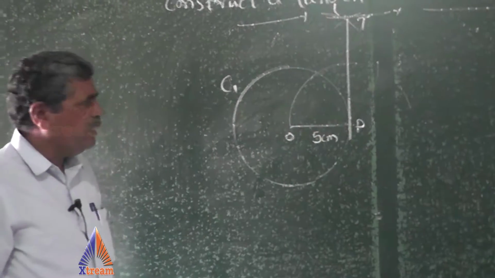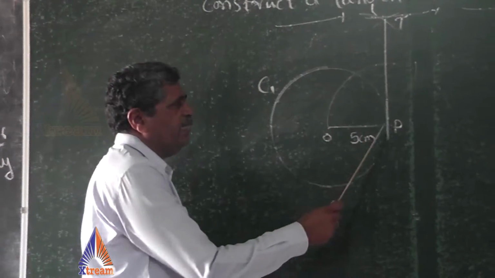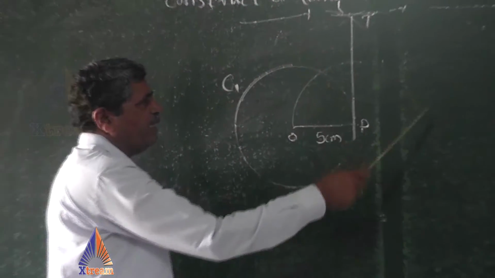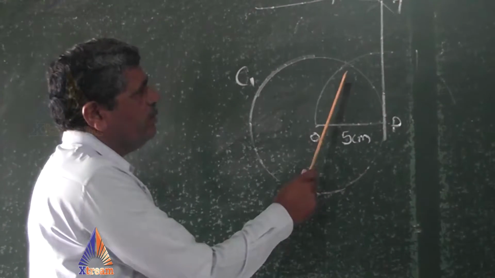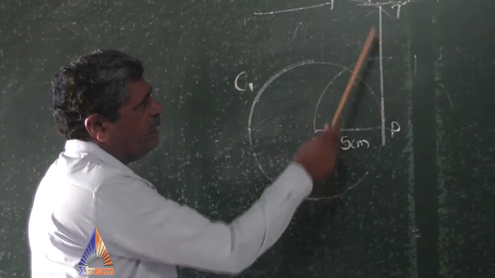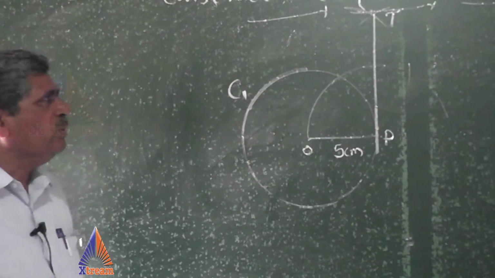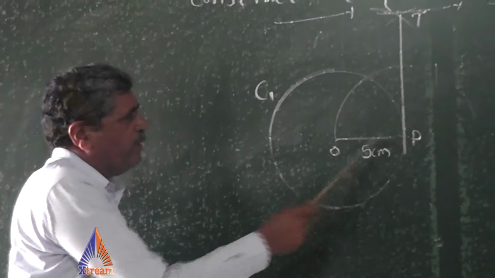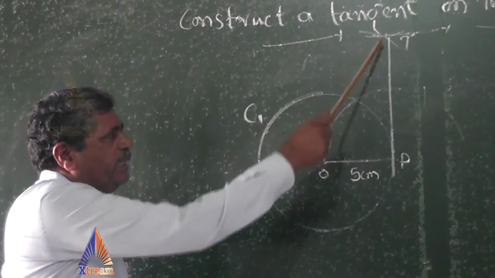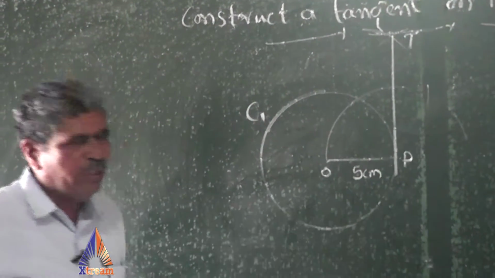Then with OP as the radius and P as the center, take the same radius and mark a semicircle. Half a semicircle, these two are the same. This is how you construct the perpendicular at the point. So PT is perpendicular to OP, and PT is the required tangent to the circle.